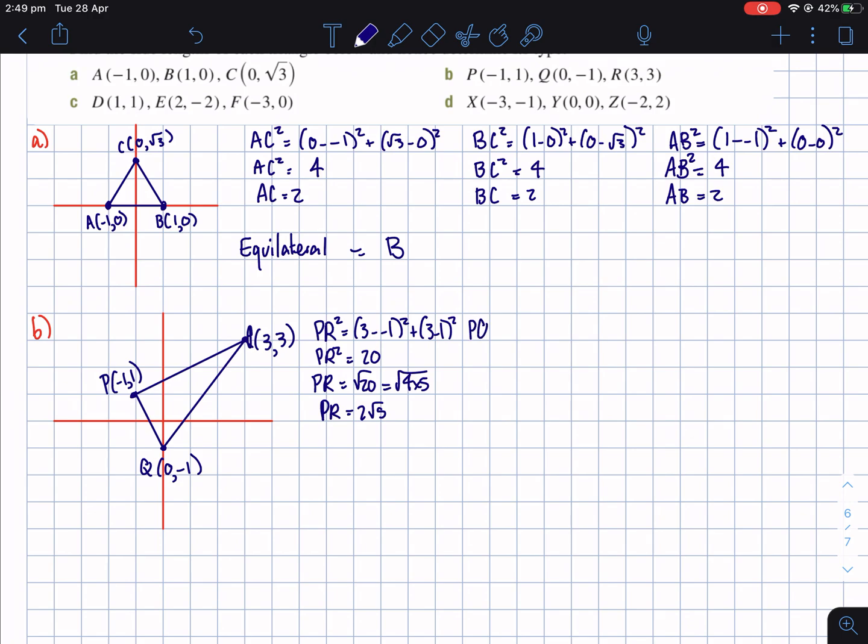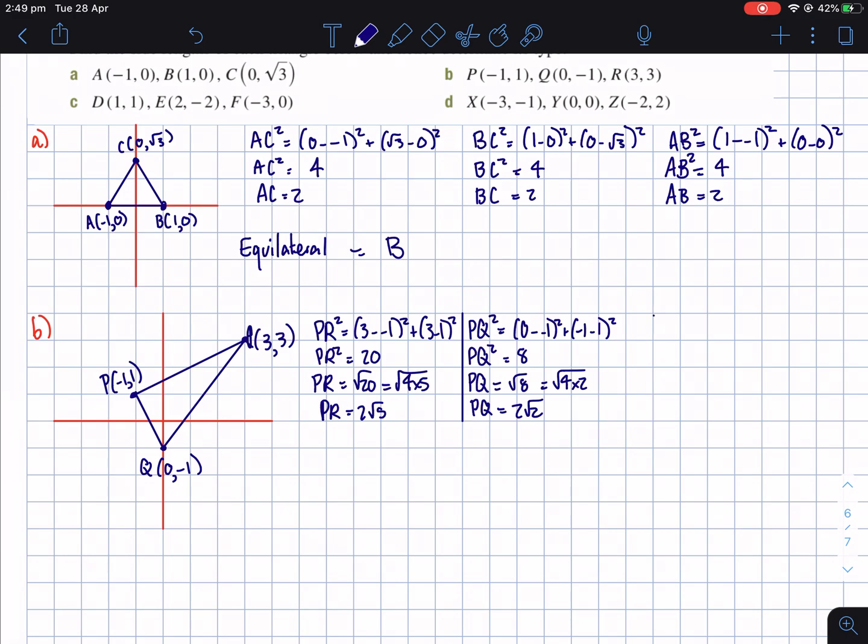PQ. Oh, I wanted to do a straight line here. PQ squared equals 0 take -1 squared plus -1 take 1 squared. So PQ squared is 8. So PQ is √8, which is 4 times 2. So PQ is 2√2.